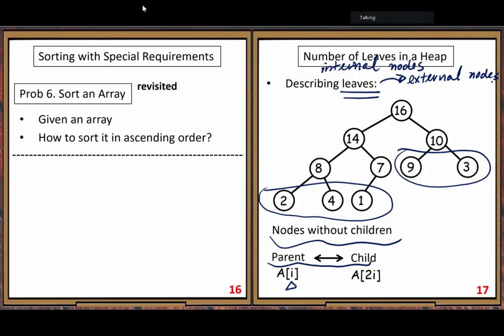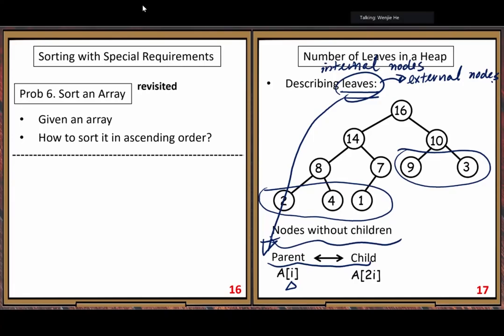Because our goal is to describe leaf nodes, a leaf node can never be a parent node, right? That's the basic property for a leaf node.